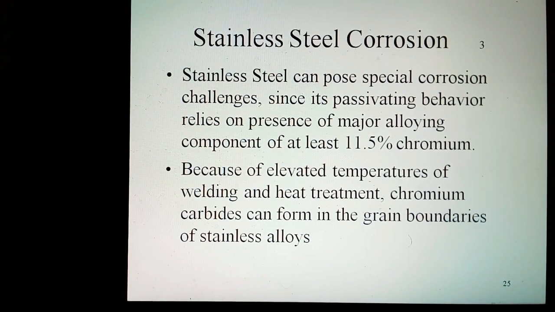Stainless steel can pose special corrosion challenges, since its passivating behavior relies on the presence of a major alloying component of at least 11.5% chromium. Because of the elevated temperatures of welding and heat treatment, chromium carbides can form in the grain boundaries of stainless alloys.